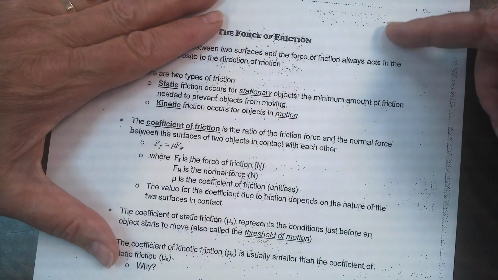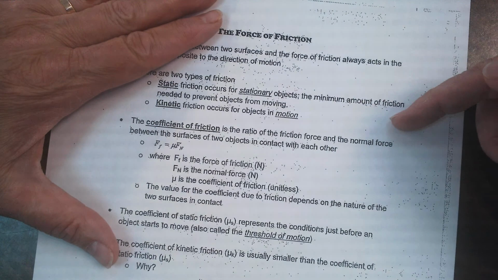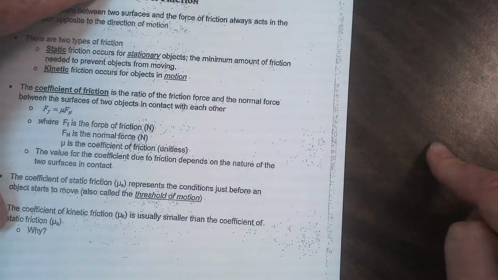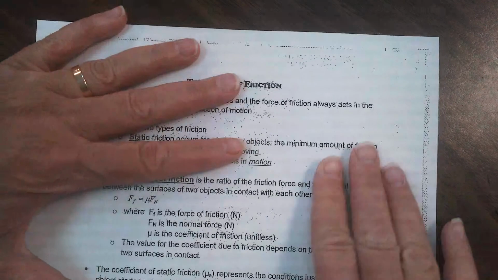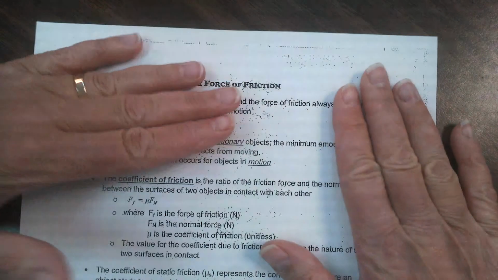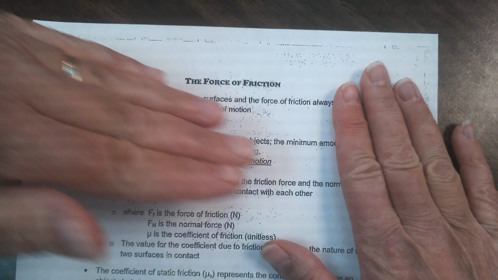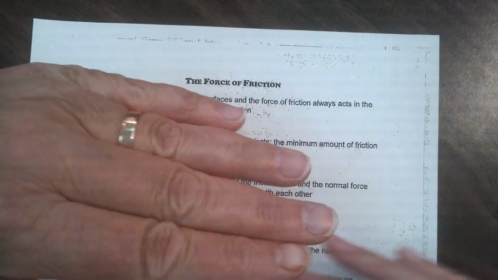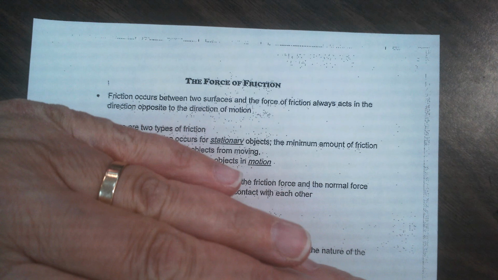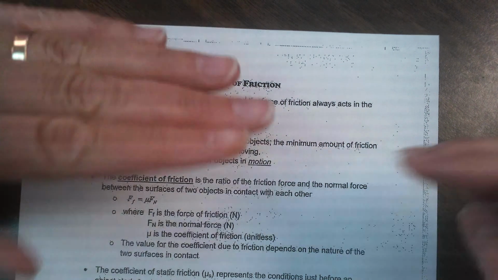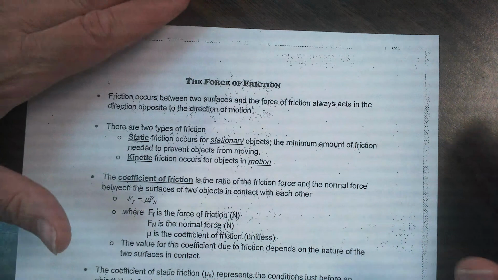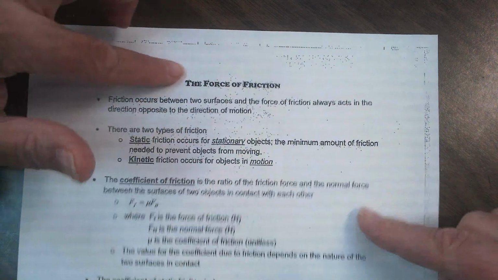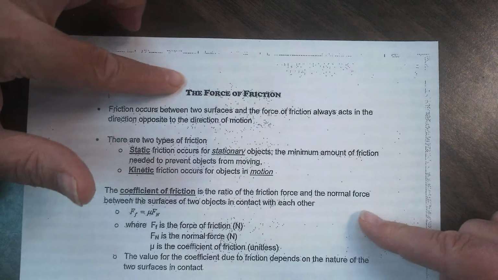And so what's happening is I'm applying a force to the paper in this direction, and the table is applying a force in the opposite direction against the paper. So I'm applying a force this way, and the table is applying a force this way. And so it's the minimum amount of friction needed that the table needs to not let this paper move.